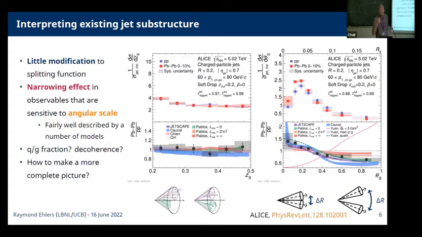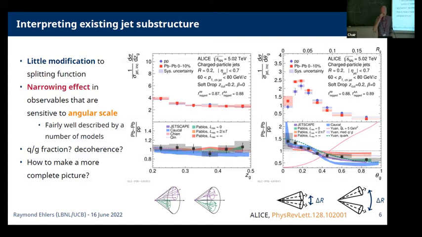So in terms of trying to understand this, we've just had our discussion here, so I almost don't need to say this, but just to put us all on the same page again, we see a little modification in our zG measurements shown in the middle here. And we also see this narrowing effect, as we've been discussing, in these various observables.